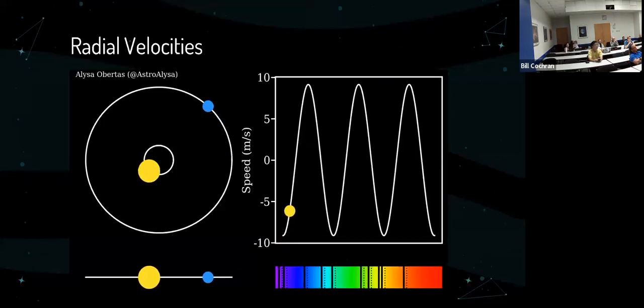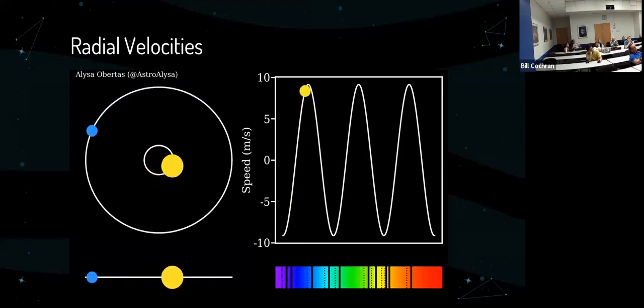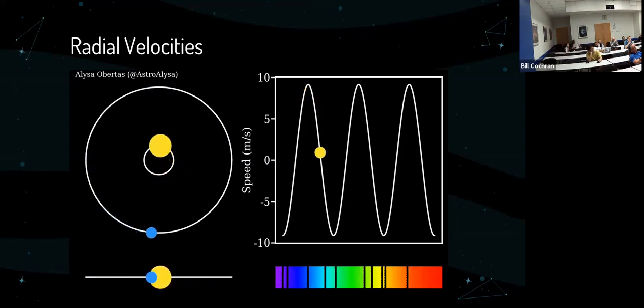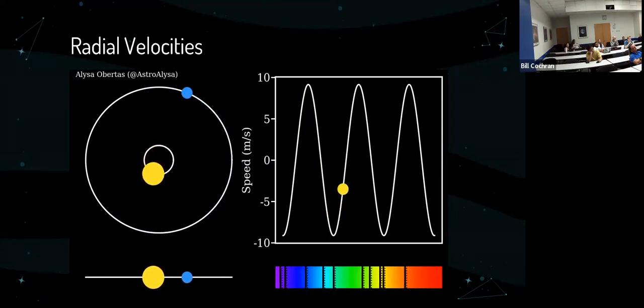So just for those people that are not astronomers, maybe, I wanted to do a quick recap on which observations we use. You probably all know that, but I just wanted to add a couple of slides. We use radial velocities.